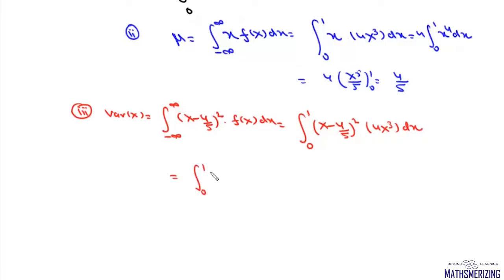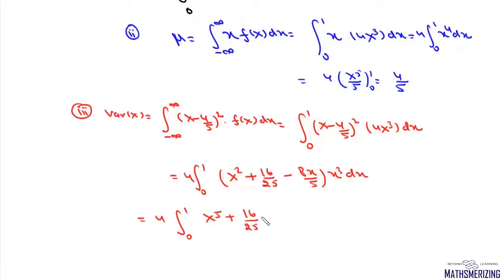So it will be the integral from 0 to 1, and this is x square plus 16 by 25 minus 8x by 5, and we'll take this 4 common, with x cubed dx, or we can write this as 4 into the integral from 0 to 1 of x to the power 5 plus 16 upon 25 x cubed minus 8 by 5 x to the power 4 into dx.